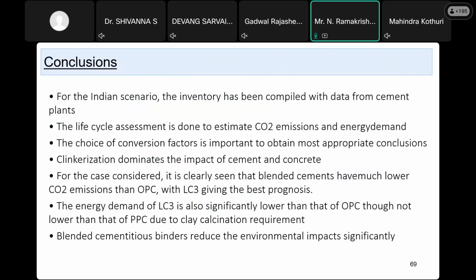Improvement of concrete performance and structural durability leads to less repair work and renovation, new construction, which will save cement and construction materials as well. CCS, carbon capture methods, also you can use. And for further optimization, innovations also can be studied.